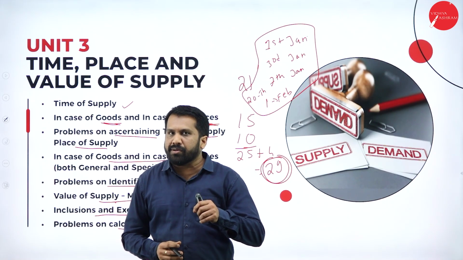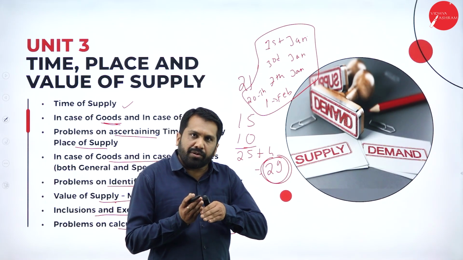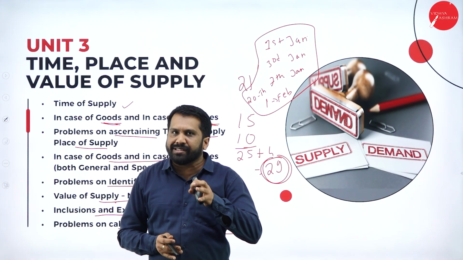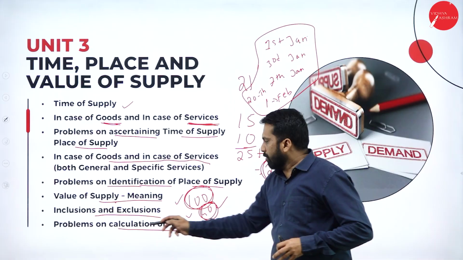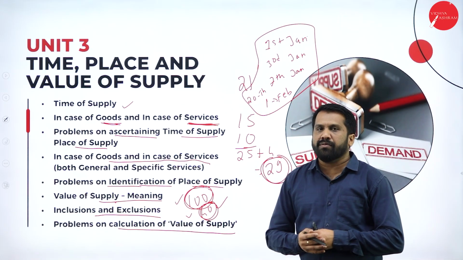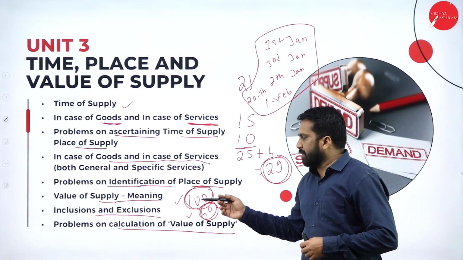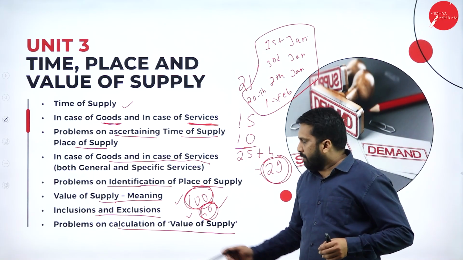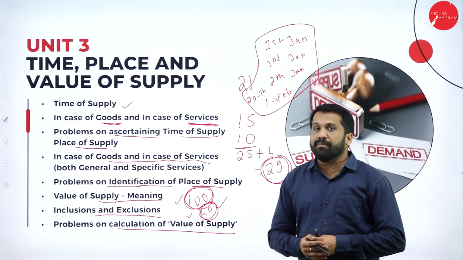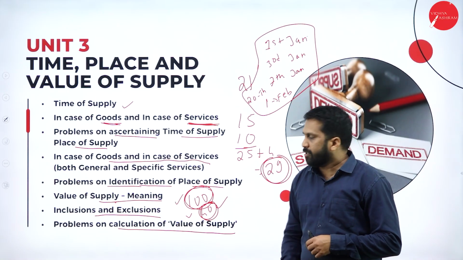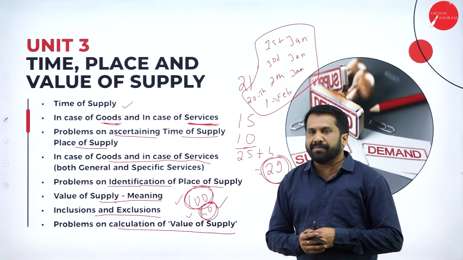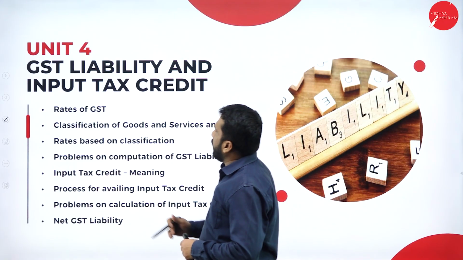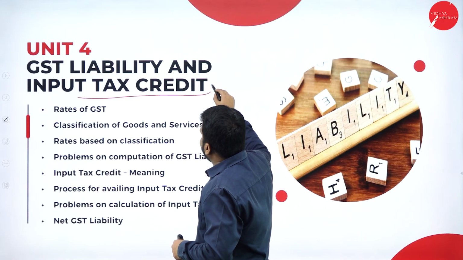And as I told you, from your first PUC till now, one of the easiest problems is problems on calculation of value of supply. Whatever is given in the question paper, write the same, add, minus discount, you will get 15 marks. Who will give you 15 marks without doing anything? Clear?